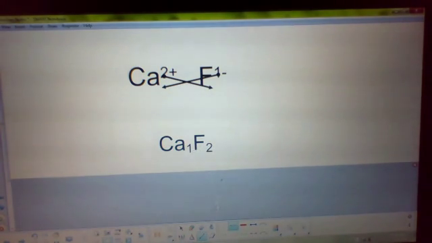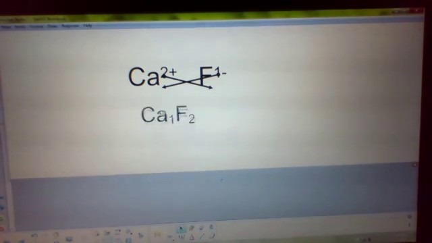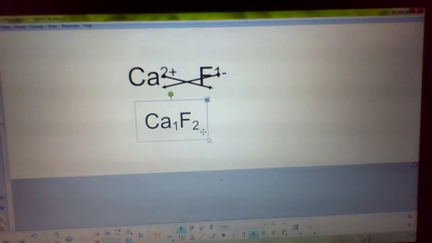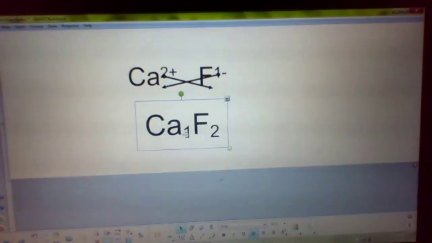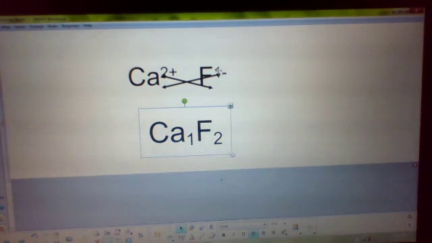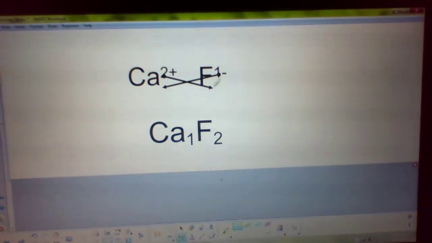So the final compound for calcium and fluoride, or fluorine, is Ca1F2. The 1 that was up here, even though I made it look really dark, crossed over and is now the 1 right here.